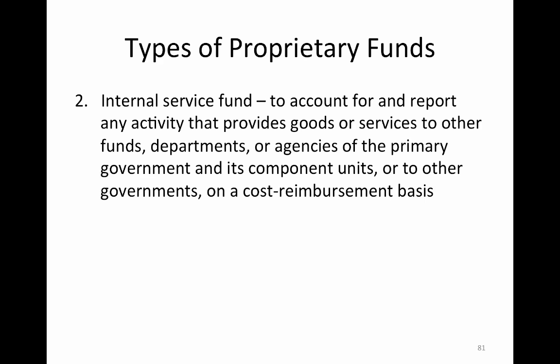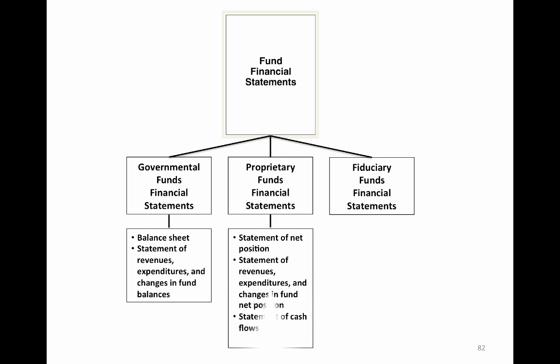They're providing services to departments and offices and programs of the government rather than providing them externally. But they set the charges at a level meant to recover the cost of providing the goods and services. And so for that reason, they're reported in the proprietary funds with the enterprise funds.